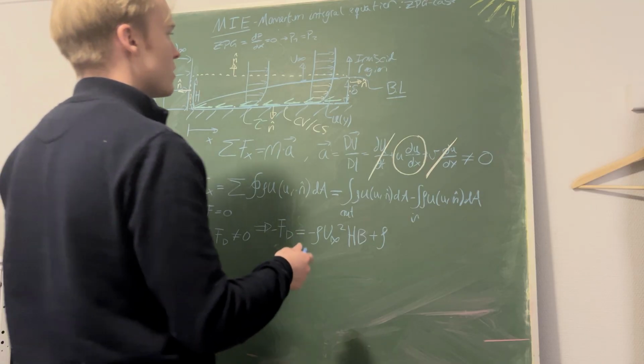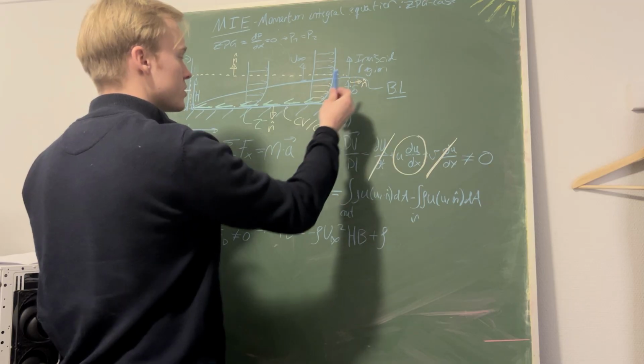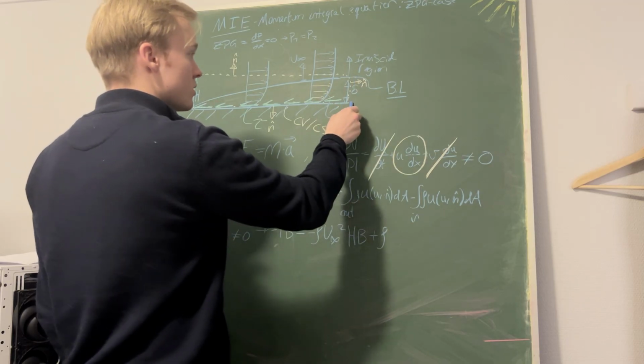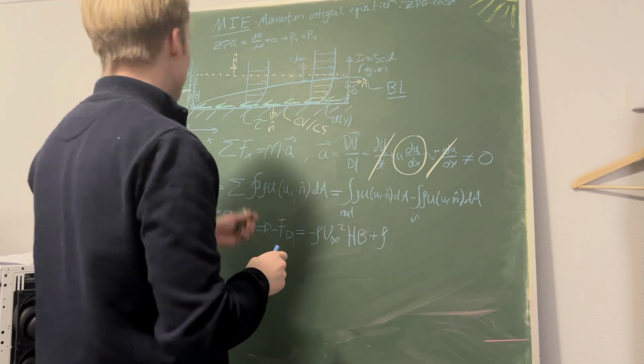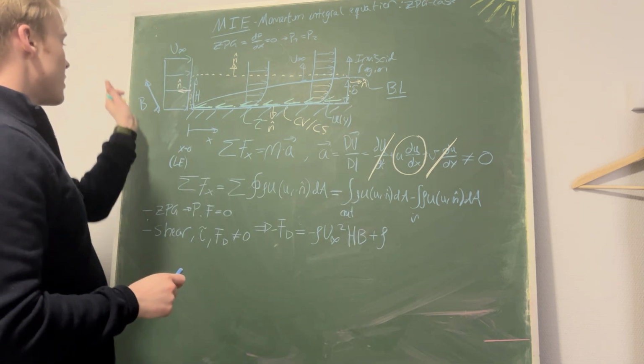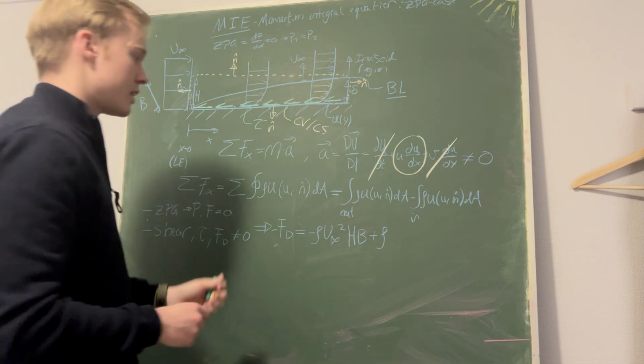Also, the area is going to be a function of y, going from 0 to our boundary layer thickness delta. But we also have our b, the distance into the plane.